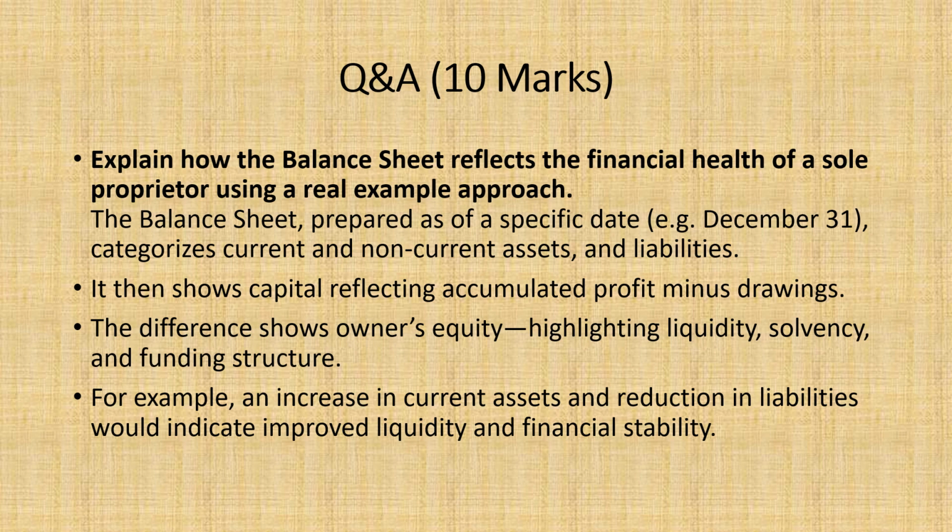It then shows capital reflecting accumulated profit minus drawings. The difference shows owner's equity, highlighting liquidity, solvency, and funding structure. For example, an increase in current assets and reduction in liabilities would indicate improved liquidity and financial stability.